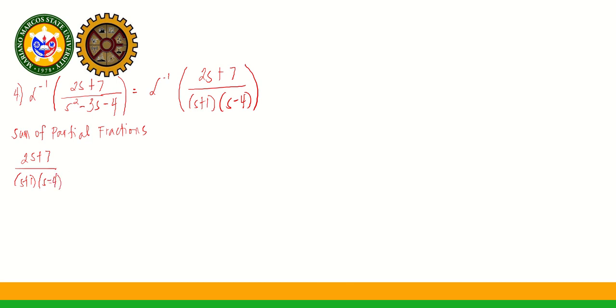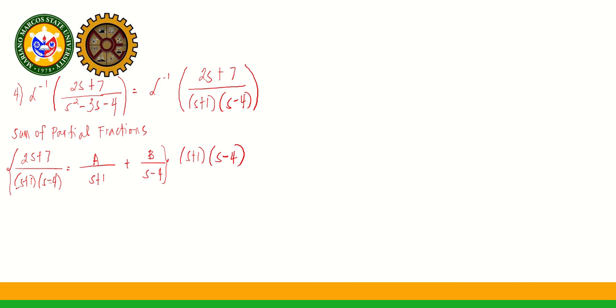So, this is unknown, so this is A. Okay, so alam nyo na to kasi napag-aralan nyo to sa differential equations, okay? So this will be equal to A over s plus 1 plus B over s minus 4. And then, i-multiply natin for both sides yung s plus 1 times s minus 4.